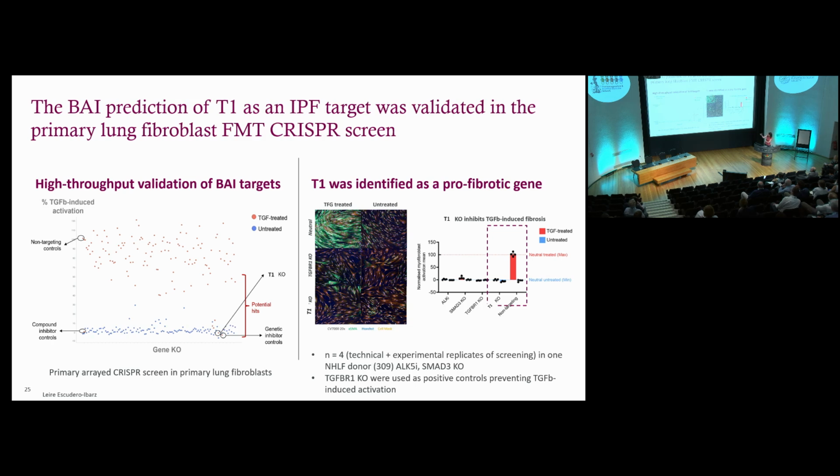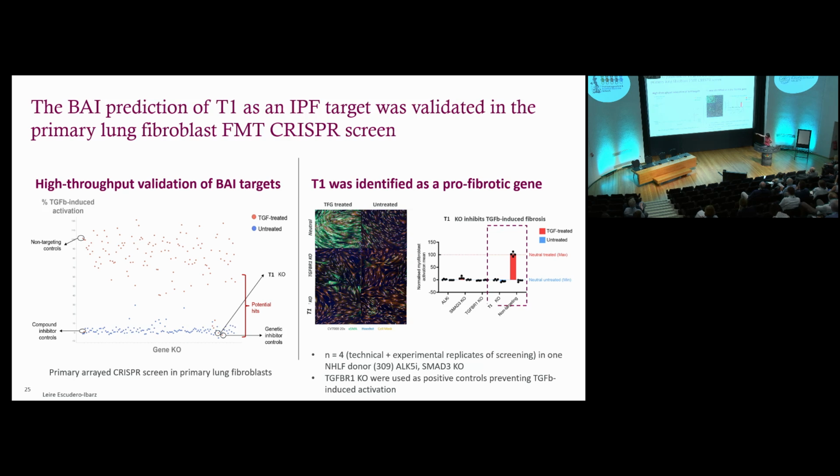On the y-axis, you see the percentage of TGF beta-induced fibrosis. The blue dots are the untreated conditions, and the red ones are the TGF-treated conditions. For most of the gene knockouts, these still induce a high percentage of fibrosis. So these are not the targets that we're after.